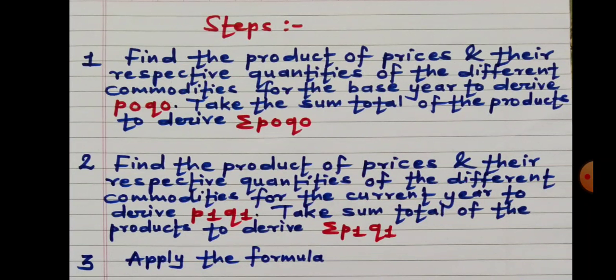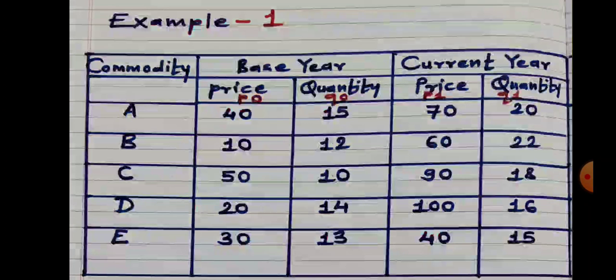Second step is to find the product of prices and their respective quantities of the different commodities for the current year to derive P1Q1, and take the sum total of the products to derive sigma P1Q1. And number 3 is to apply the formula.